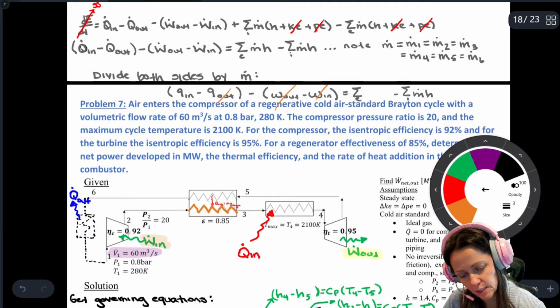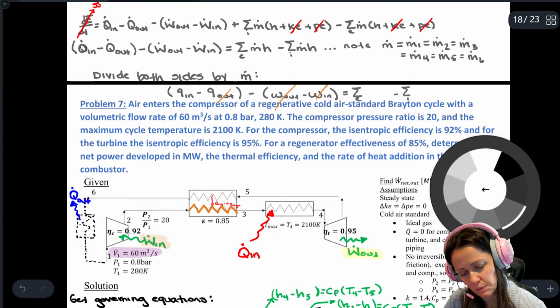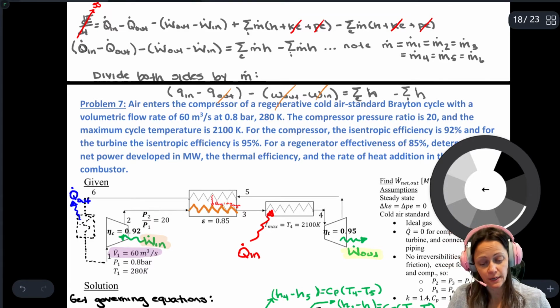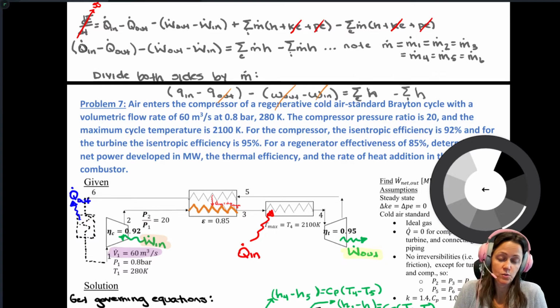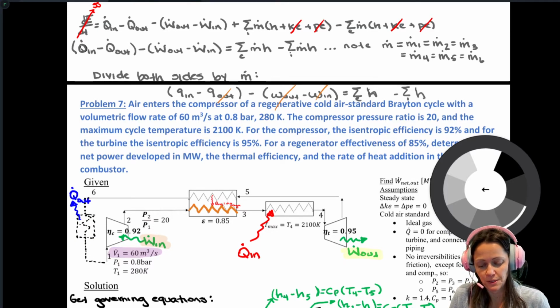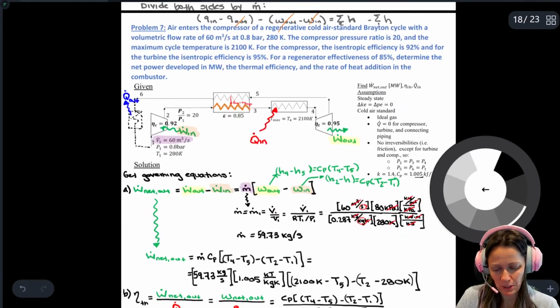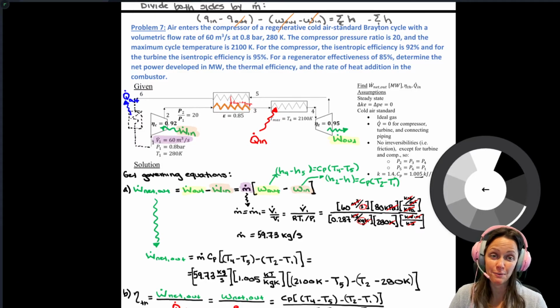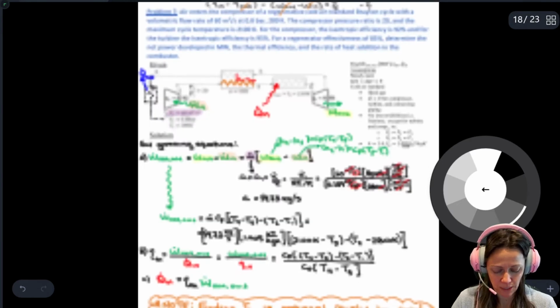I click on a spot that's not supposed to be there, or that it doesn't like me clicking on. Sorry, this is H's. There are no M dots in there because I divided through by M dots. So somebody's going crazy, and finally I've cleared things up. Sorry about that. This is a problem with asynchronous. Nobody can yell at me when I make a stupid mistake like that, but hopefully you realized what I did.